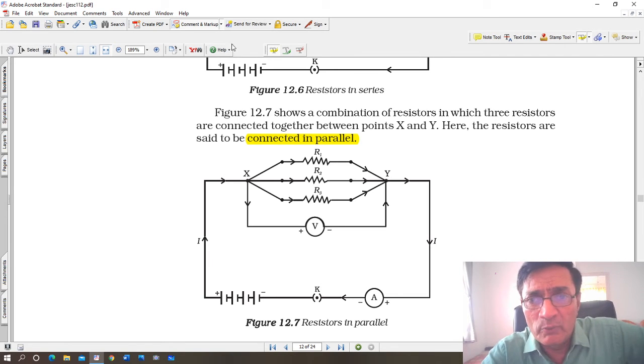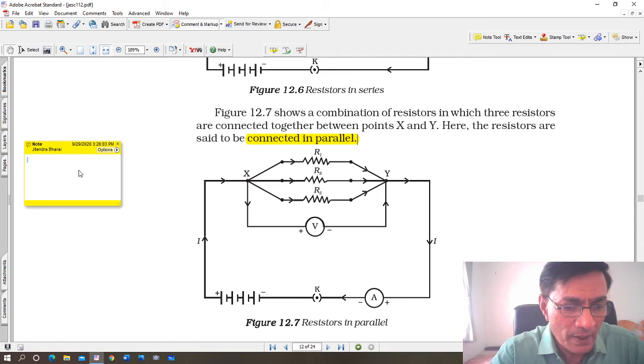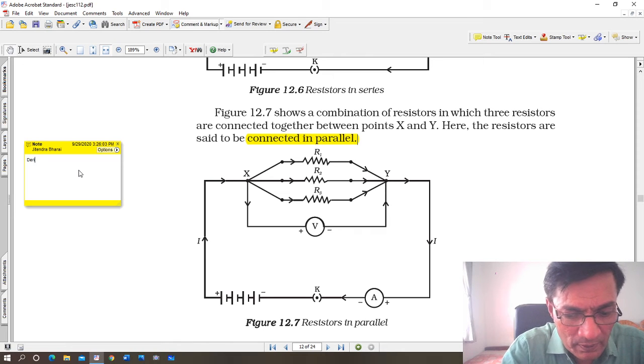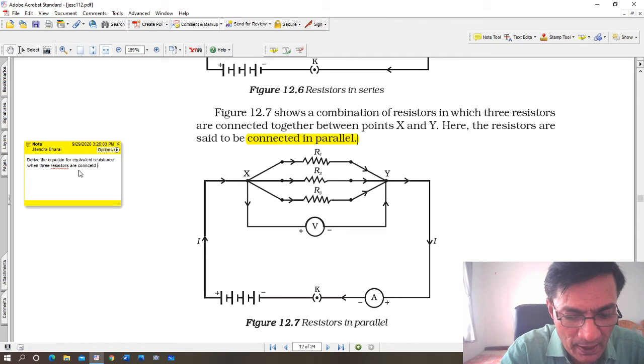Alright, so I will just write one question out here. Derive the equation for equivalent resistance when three resistors are connected in parallel.